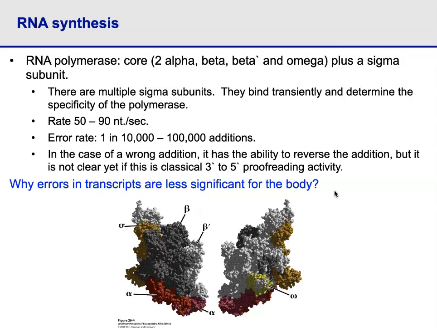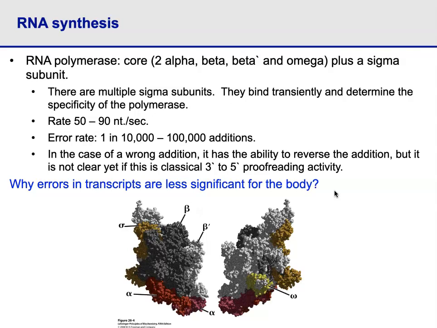Well, if you think about it, if a newly synthesized DNA has errors, every single transcript from that gene, if it's in the gene area, will contain that error, every single one of them. But in the case of transcripts, if a single mRNA copy has an error, it might be bad for the resulting protein, but the cell probably will be able to overcome that issue.